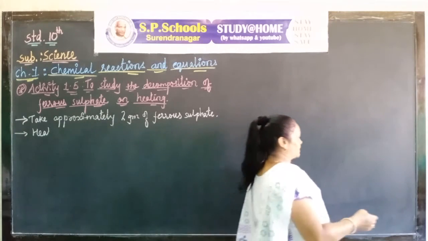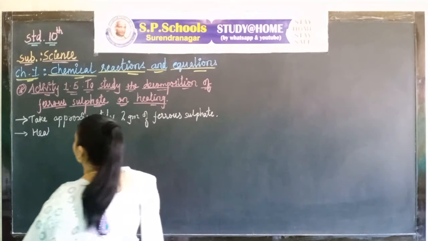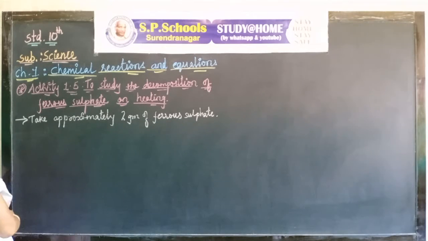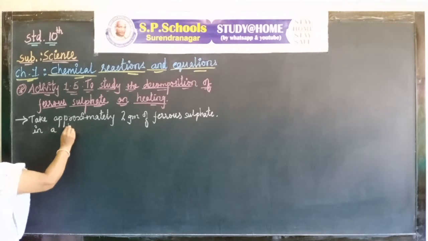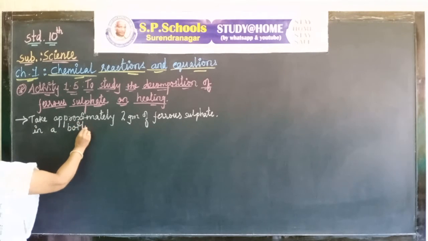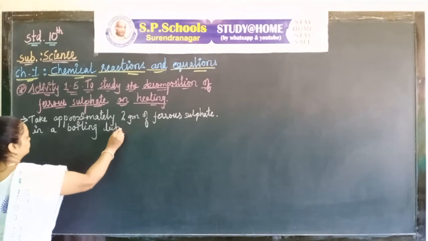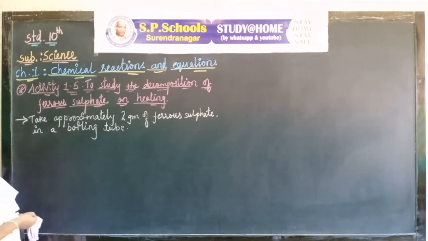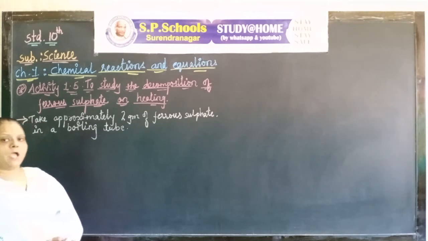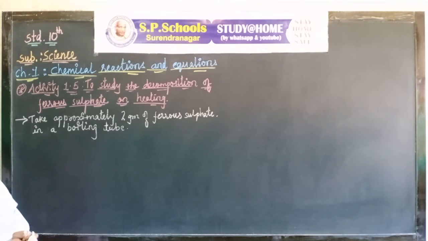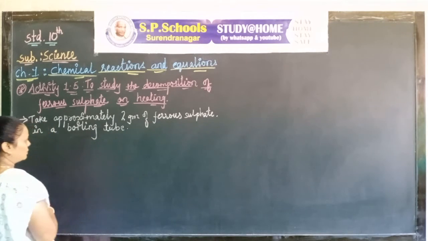We take the ferrous sulfate in a boiling tube. We know ferrous sulfate is crystalline in form, so we take crystals of ferrous sulfate in the boiling tube.